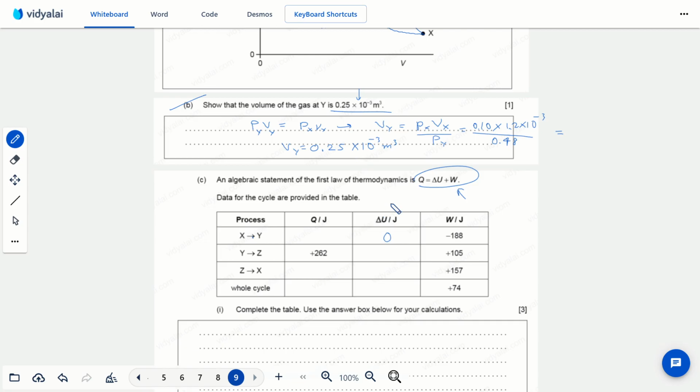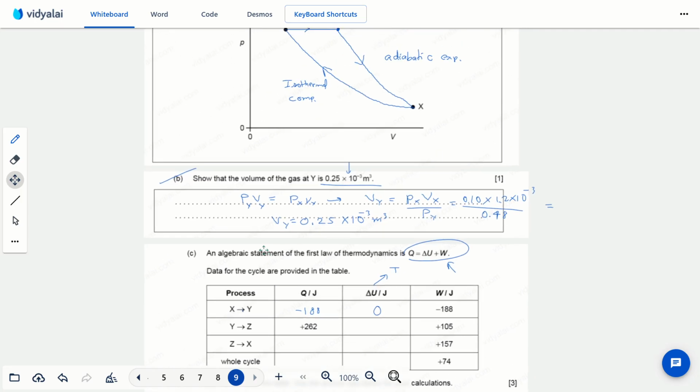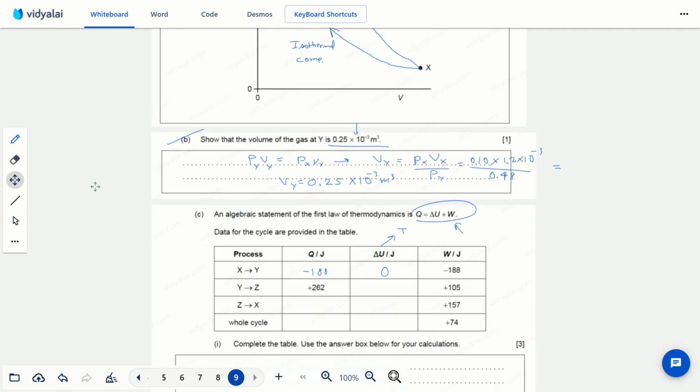Change in its internal energy is 0 because internal energy depends upon temperature, and if there is no change in temperature, change in its internal energy is equal to 0. And make sure that you know that the internal energy is composed mainly of the kinetic energy of this gas, and if this gas is an ideal gas, then all of it is the total kinetic energy of the gas molecules.